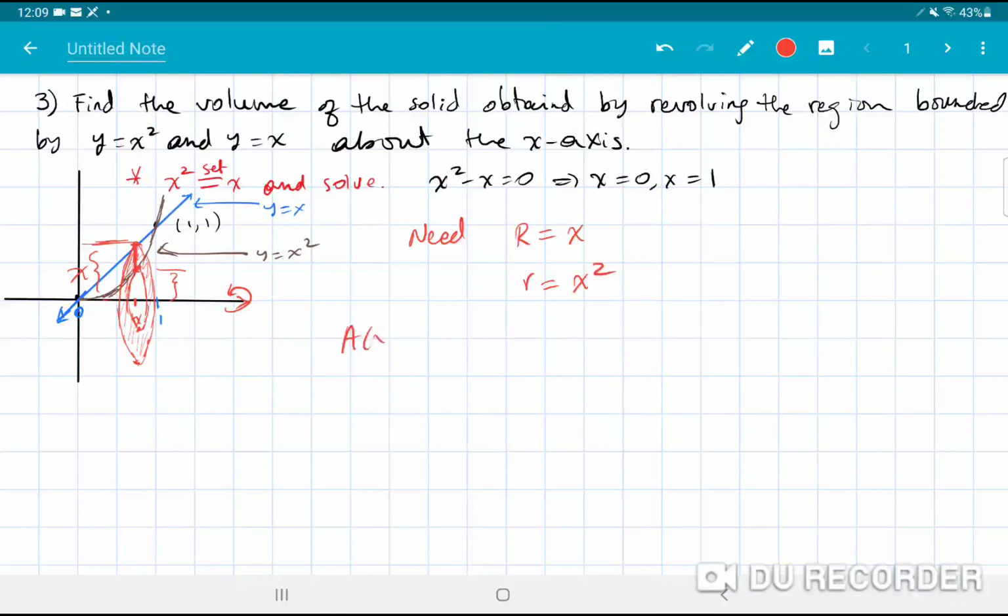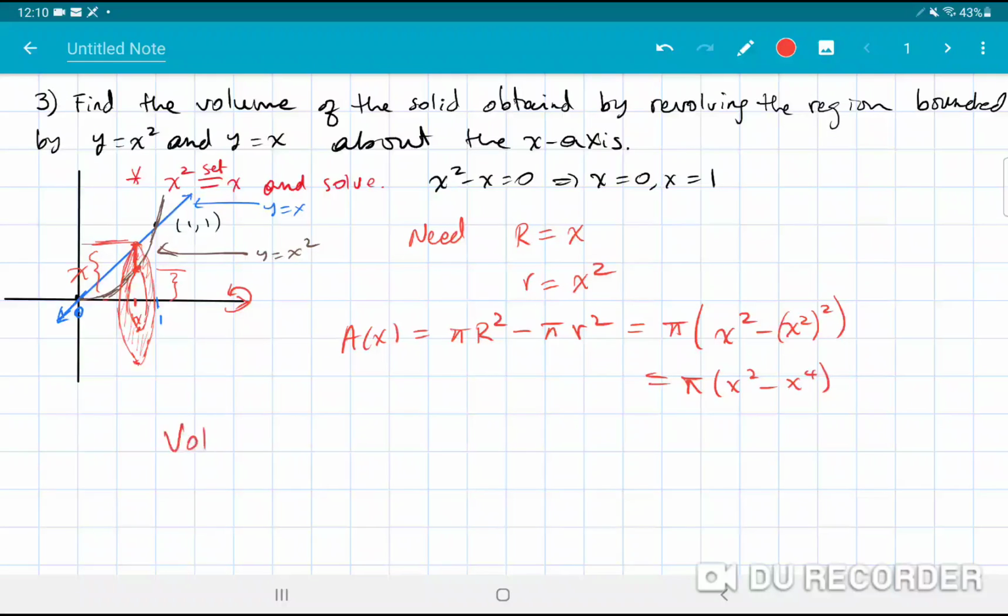So the area of the disk is pi R squared, the big disk, minus pi r squared, the little disk in between. So this is pi times x squared minus x squared quantity squared, which turns out to be pi times x squared minus x to the power of 4.